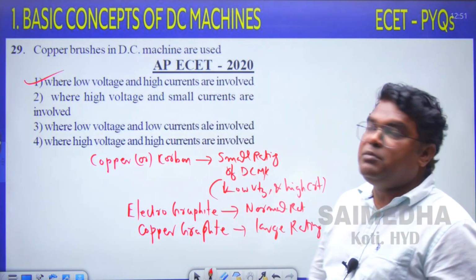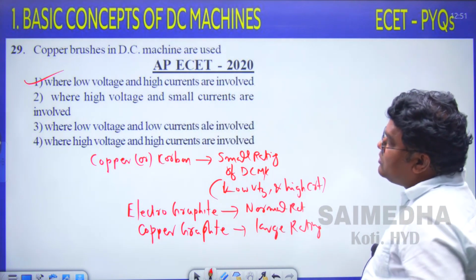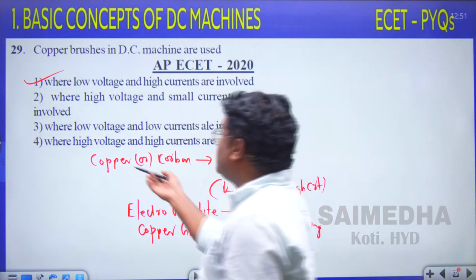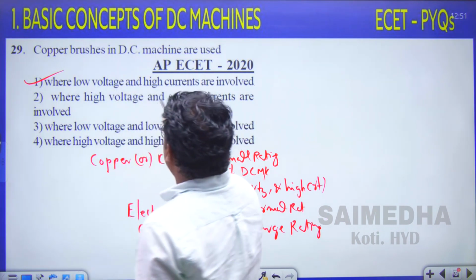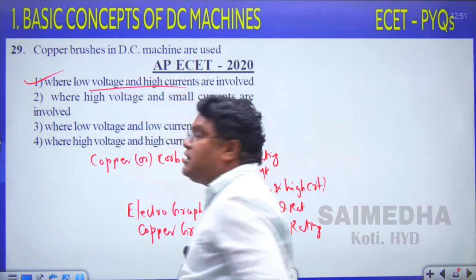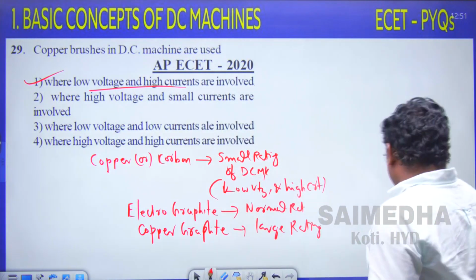These are the three types of material used for construction of brushes. So for small rating, copper or carbon is used for low voltage and high current application. So option 1 is correct.